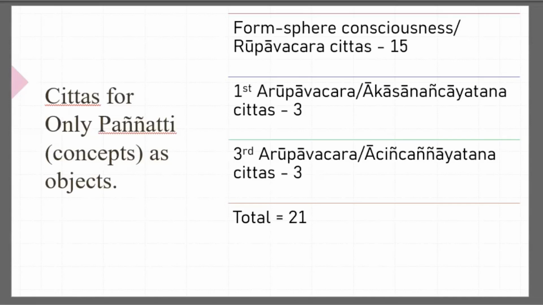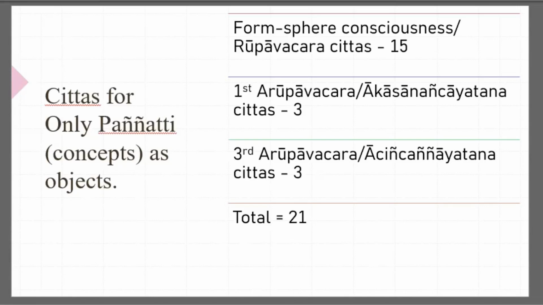Altogether, there are 15 Rūpāvacara Cittas. Then the first Arūpāvacara Citta, Ākāsānañcāyatana. What is its object? Infinite space. That is a concept.